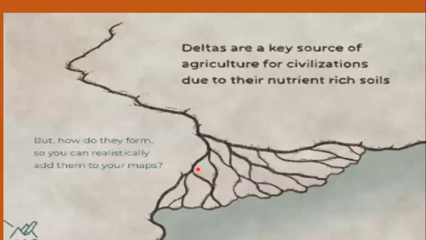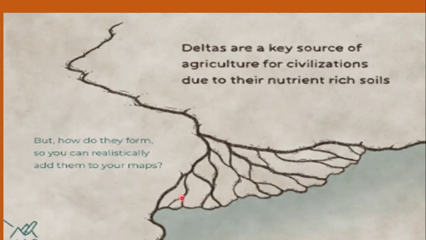Another feature formed by the river is known as deltas. Now, when the river enters a lake or falls into the sea, it deposits its load at the mouth of the river.